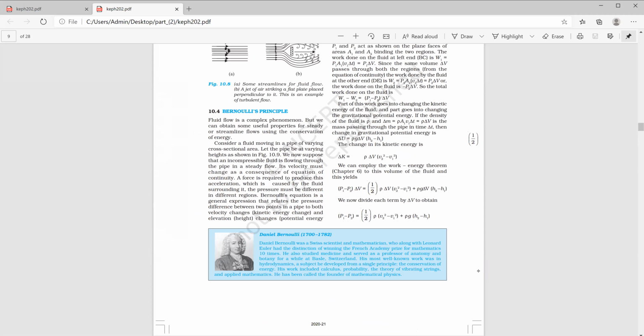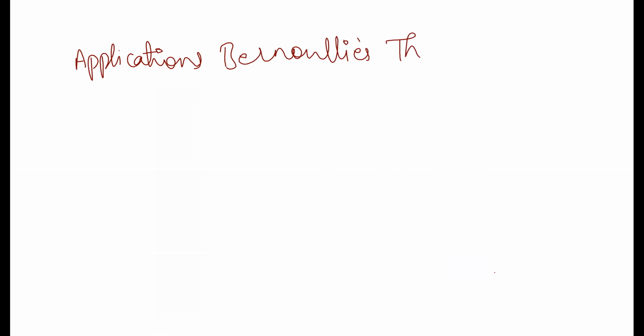In the last class we discussed how the Bernoulli's principle equation comes. In today's class we shall discuss some of the applications of Bernoulli's principle, or Bernoulli's theorem.